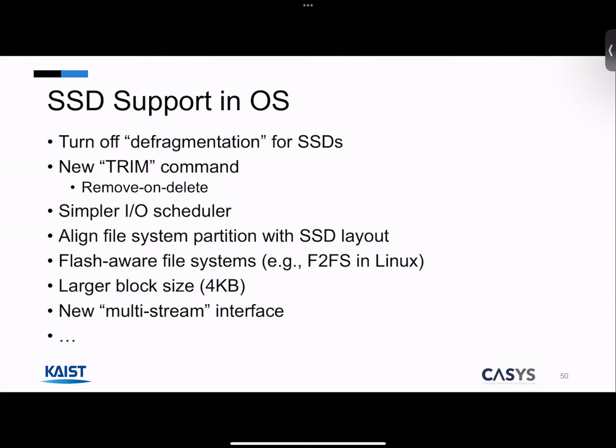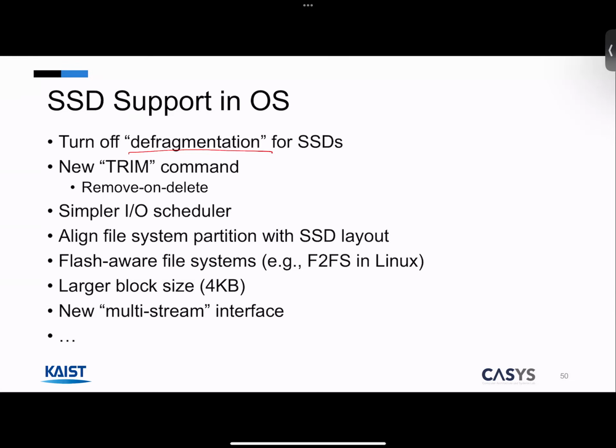To support SSD, there are many things you have to consider. In defragmentation, for example, you move around disk locations to physically contiguously allocate blocks. In a hard disk, defragmentation is important because many IOs are then performed sequentially.